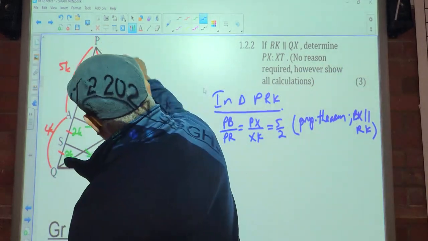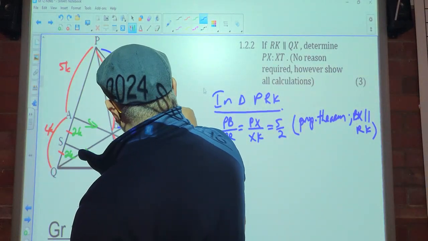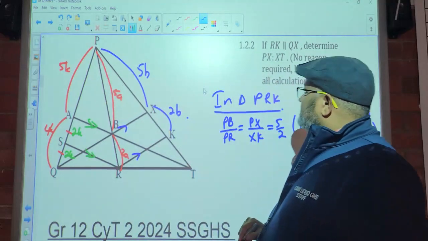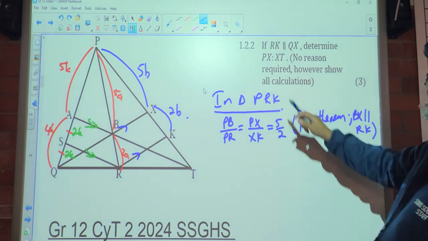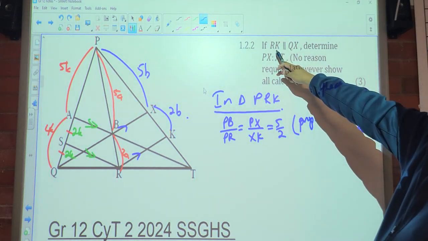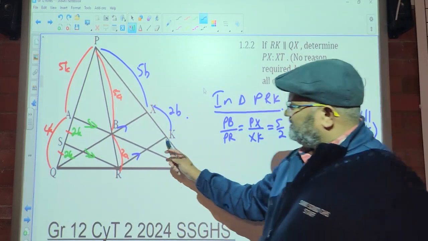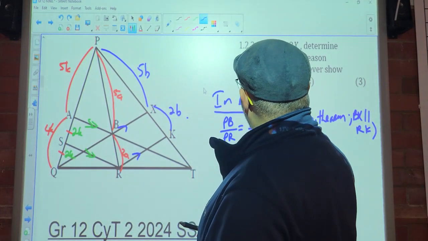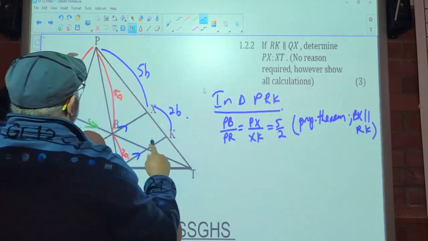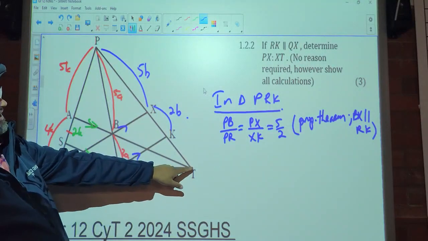So I'm going to make this 5B and 2B. Okay. So now I have RK. Do I have RK? No, this is RK. Why did I do that? Sorry. PX. I have PX and I must calculate XT.